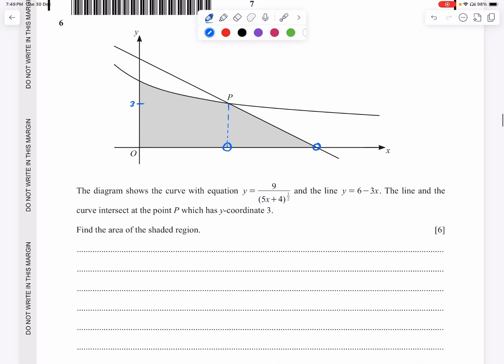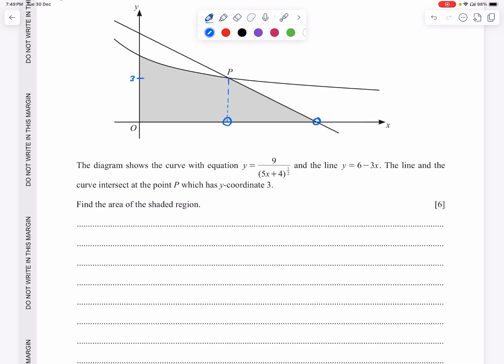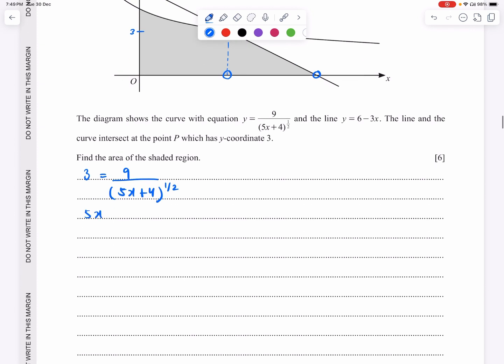So in order to figure out these coordinates, first of all I'm going to put y equal to 3 and figure out the first coordinate. That is going to be square root of 5x plus 4 is equal to 3. I'm going to square both sides. 5x plus 4 is equal to 9. 5x is going to be 5 and x is going to be 1.